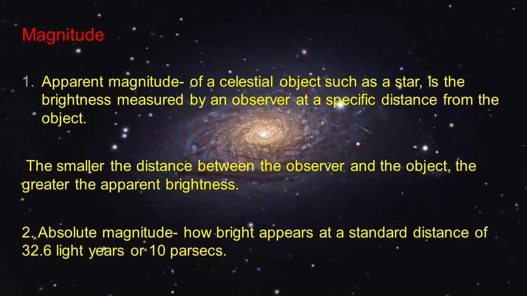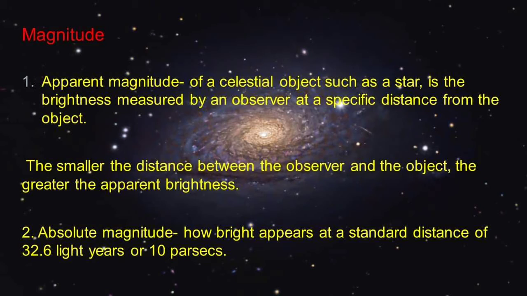But what are the distinct characteristics that differentiate apparent magnitude and absolute magnitude from each other? Let's talk first about apparent magnitude. The apparent magnitude of a celestial object, such as a star, is the brightness measured by an observer at a specific distance from the object.